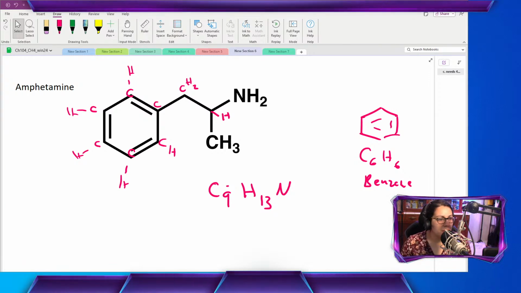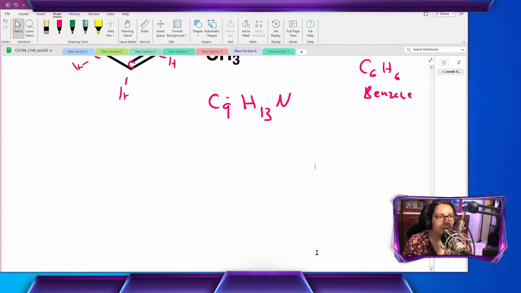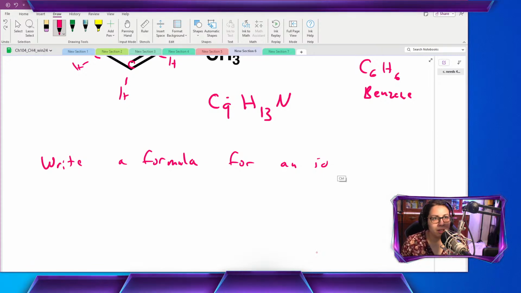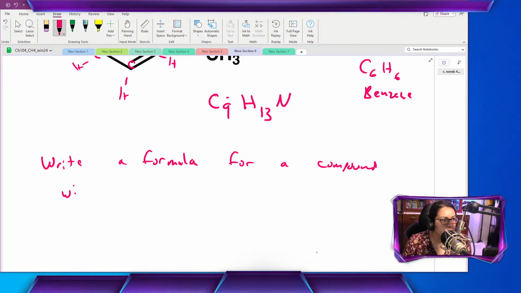Any other? Oh, let me bring up one other question if I can find it. Because I think the other question that a few people had problems with, maybe it was lab 4, was something like write a formula for an ion, or for a compound with an X1 plus, Y3 minus or something like that.